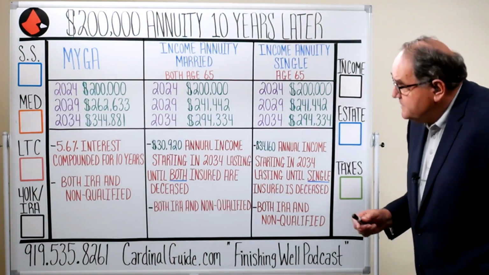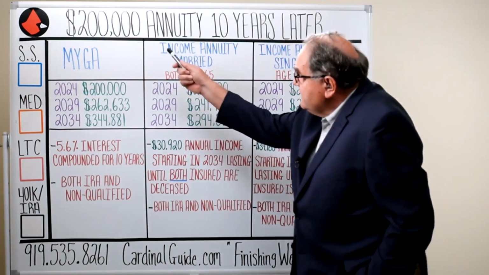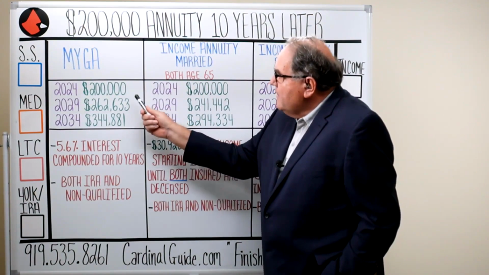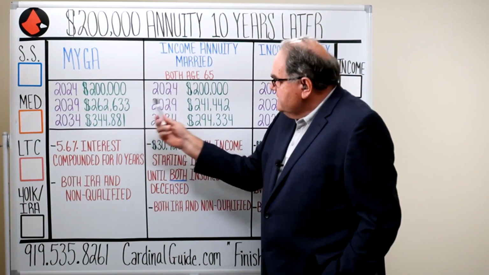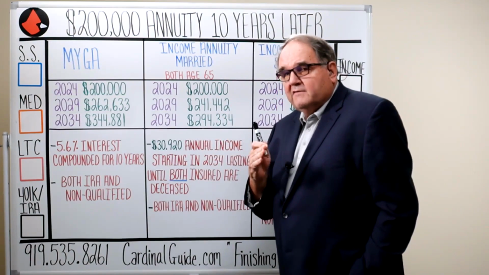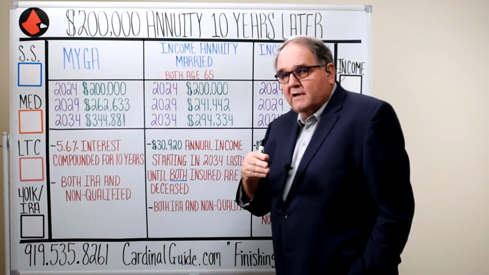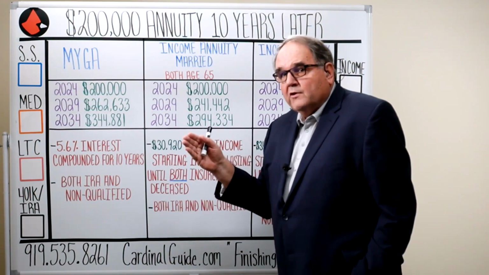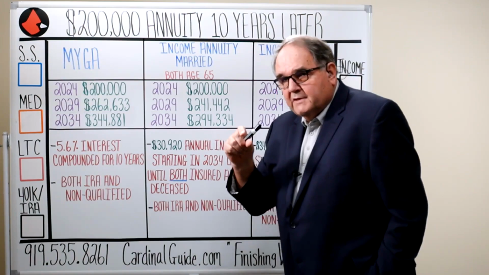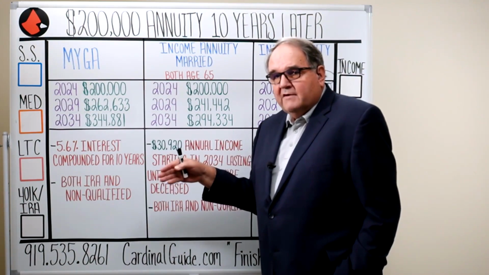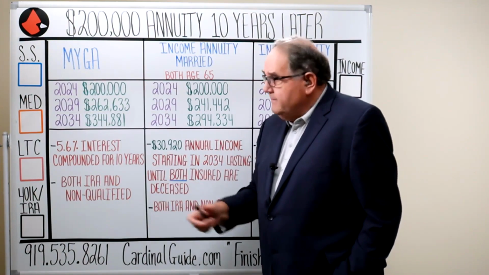Okay, so first up, we've got the $200,000 annuity, which is the same amount on all of them. The example we're using is a 65-year-old person, but the age really doesn't matter on this other than if you were 85 or older, then certain companies will not offer annuities like this, 85 or 90, but short of that, you can buy these.